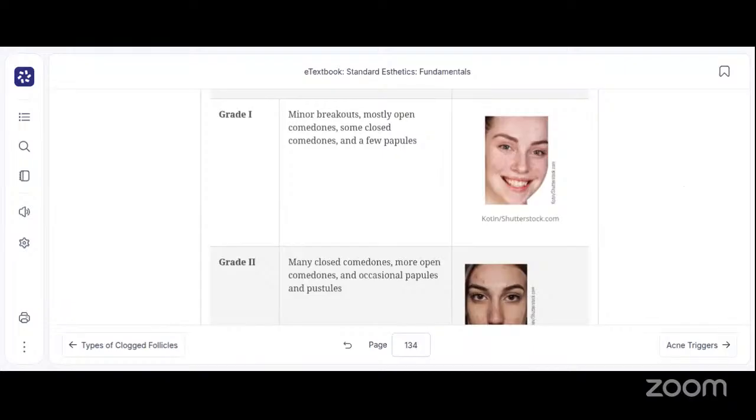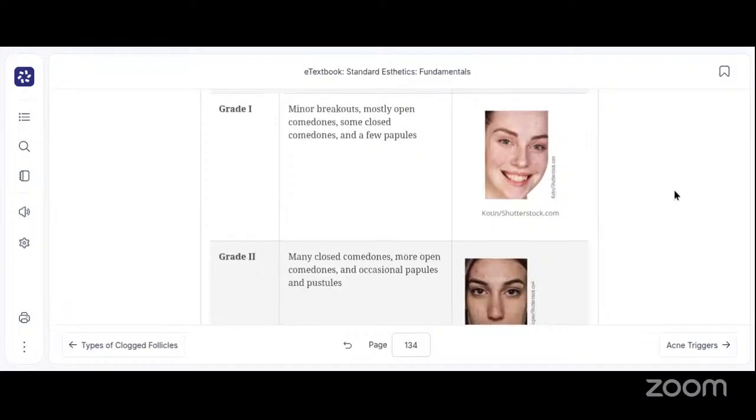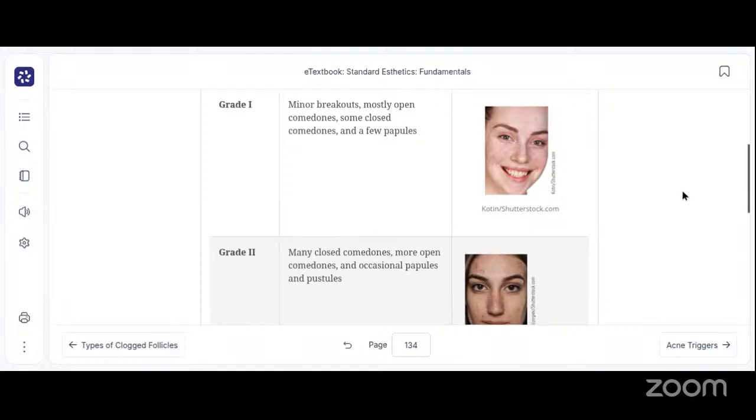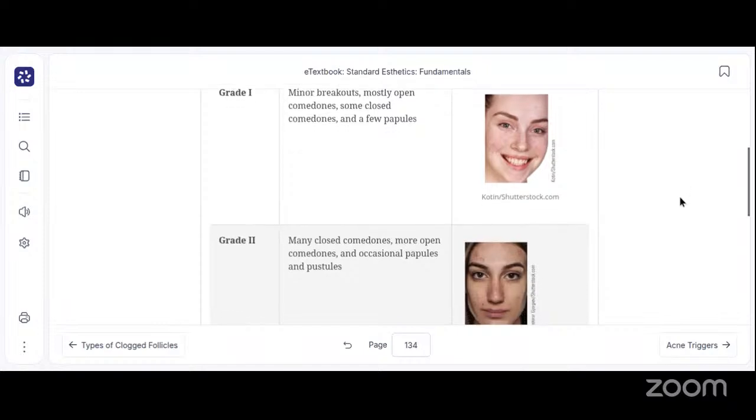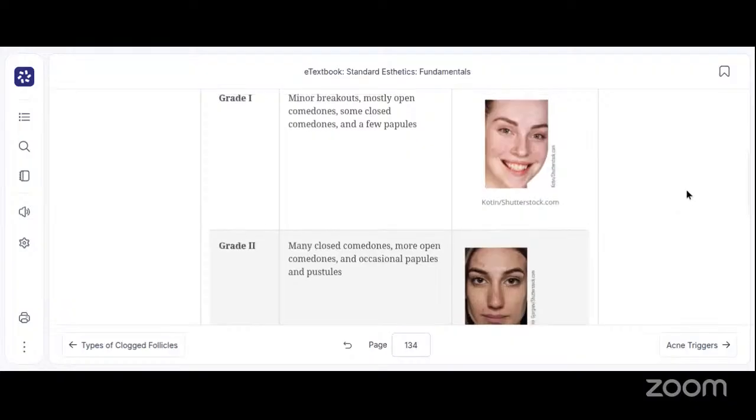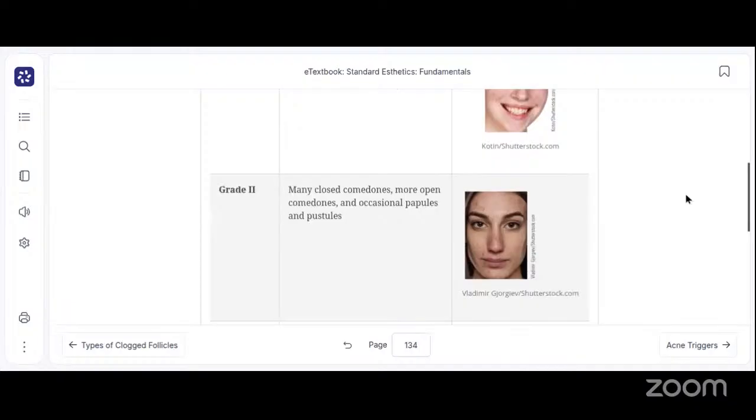Okay, so grade 1 is minor breakouts, mostly open comedones, which means you can see the blackheads. Some whiteheads and a few papules, which means you probably don't see anything with pus, just a couple little acne spots that you need to clear up.